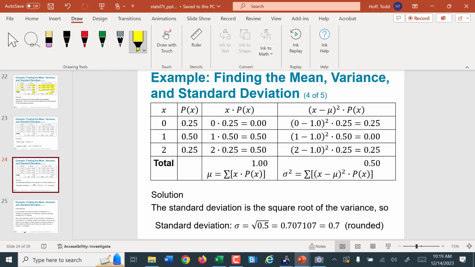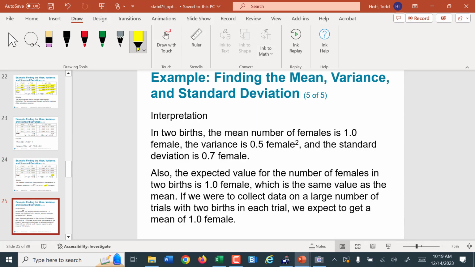So the standard deviation is the square root of the 0.5, giving us 0.707, or 0.7 is the standard deviation. So what that's saying is out of 2 births, we expect 1 female with a variance of about 0.5, or standard deviation of 0.7 females.